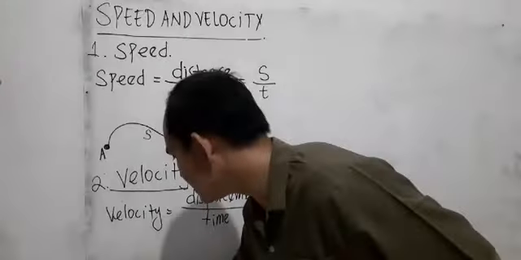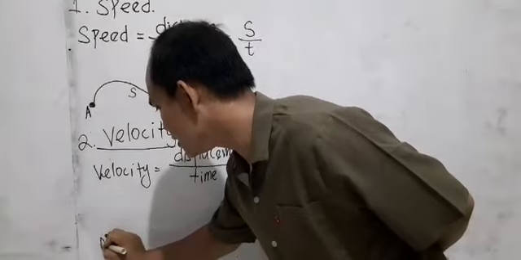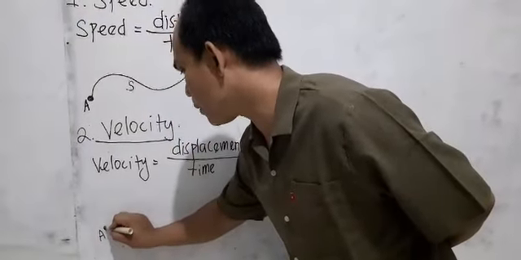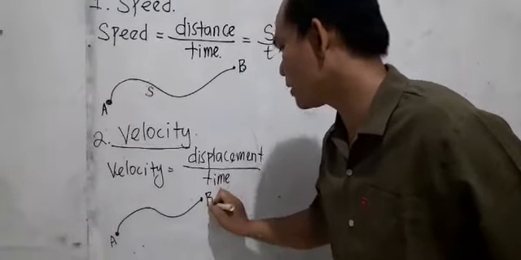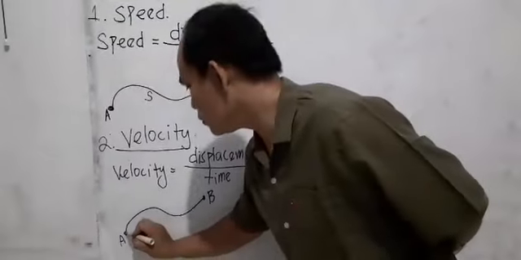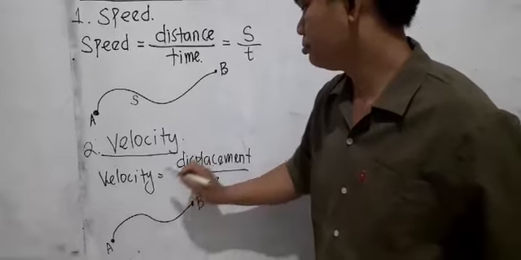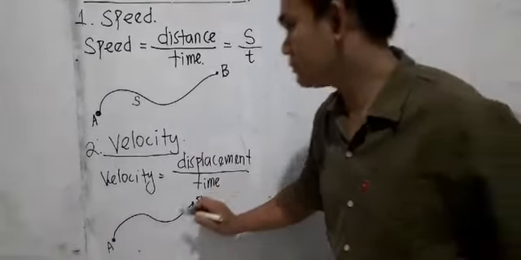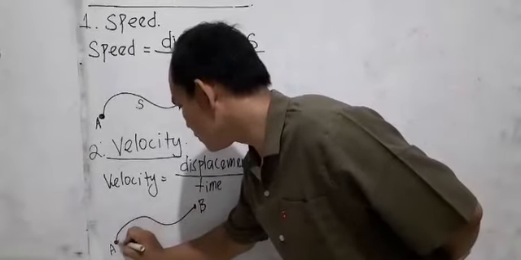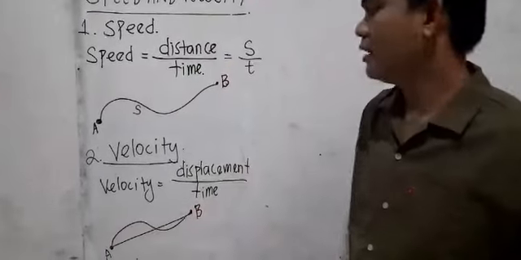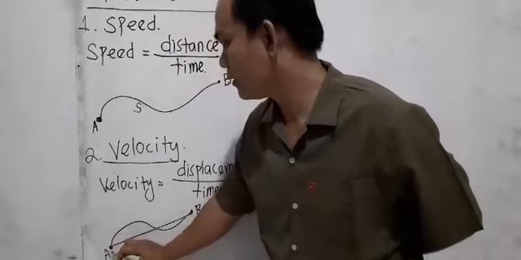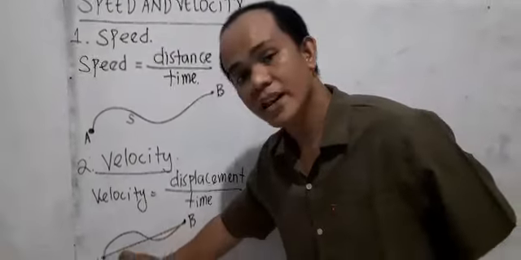For example, you have traveled from point A to point B in this way, and you reach point B as a straight line.